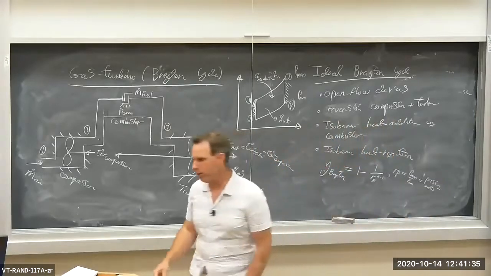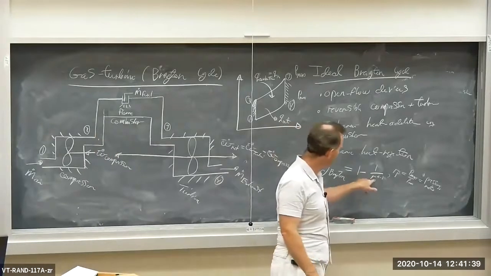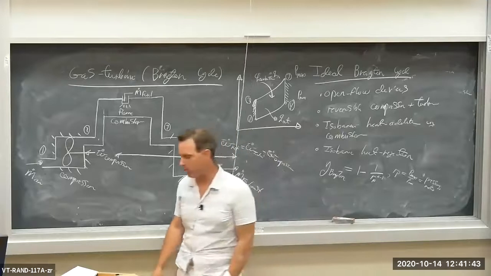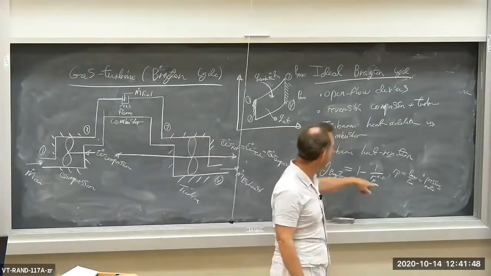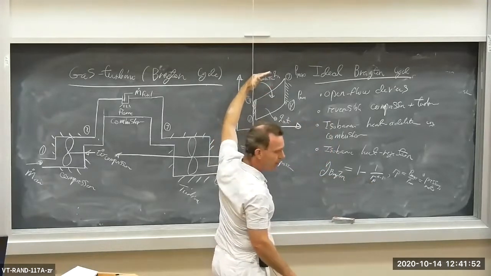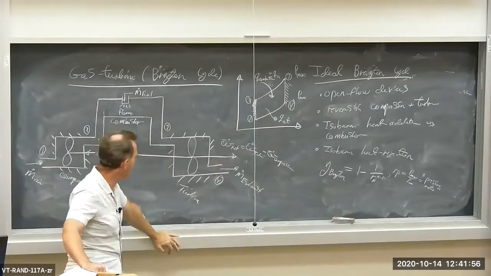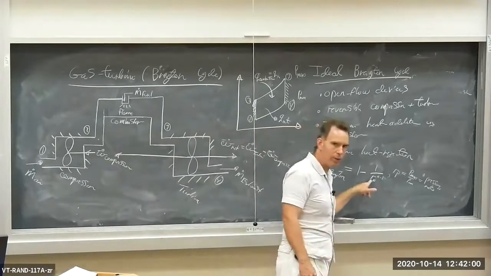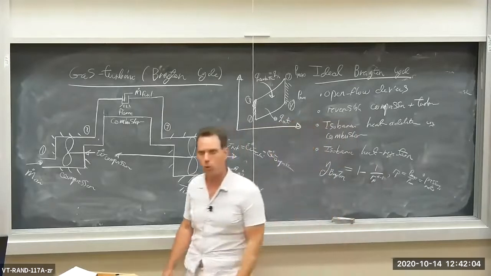So the efficiency for the Brayton cycle, 1 minus 1 over RP, pressure ratio, K minus 1 in the exponent. What this means is as the pressure ratio goes up and the maximum pressure gets higher and higher, we squeeze the air down as it goes through the compressor more and more, do more compressor work. As the pressure ratio goes up, this term goes to 0 and efficiency approaches 1.